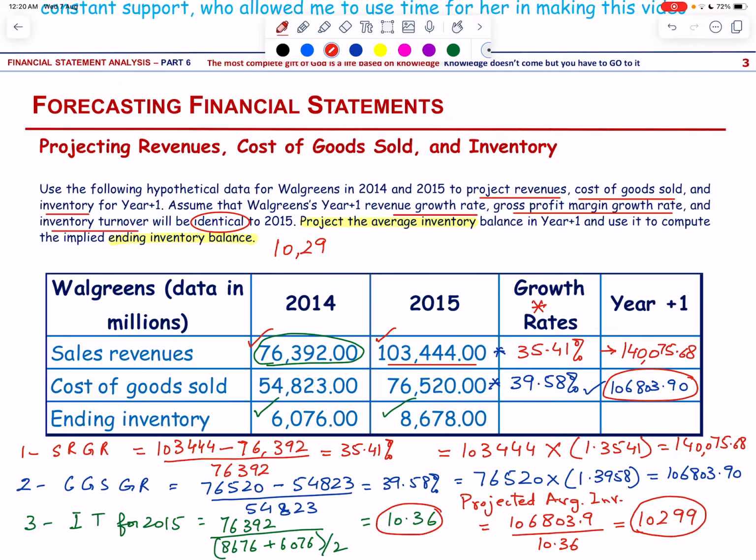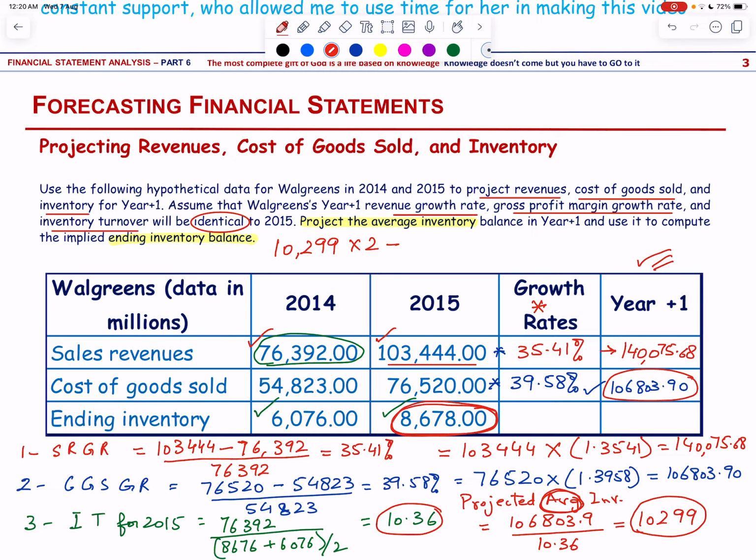Because this is an average, we will multiply by 2 minus the beginning inventory for the year under consideration, that is year plus 1. Now the ending inventory of 2015 will be the beginning inventory for year plus 1.